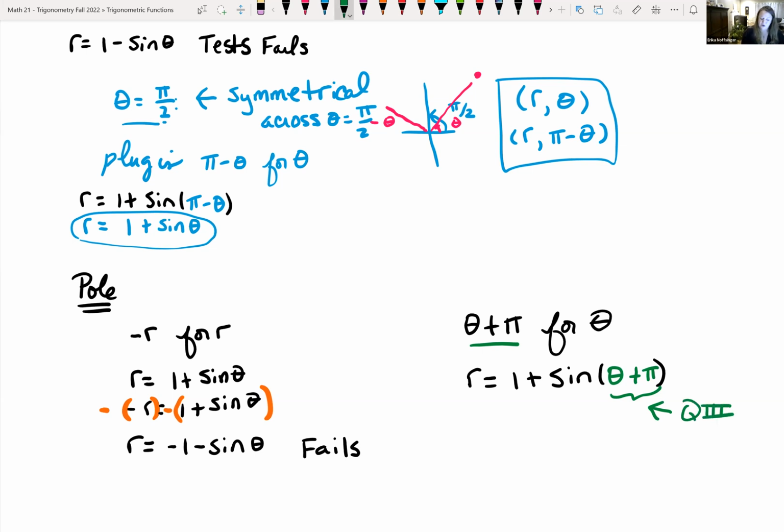Sine in the third quadrant, my reference angle is theta, but in the third quadrant sine is negative. And so this would give me back r is equal to 1 minus sine of theta. So this test also fails. So we know again that it's symmetrical with the line theta equals pi halves.